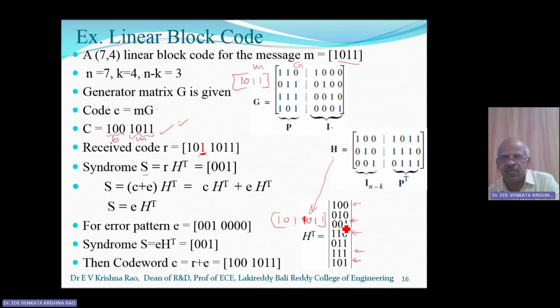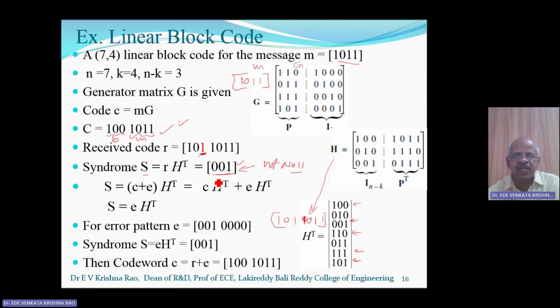Similarly, 0 0 0 1 plus 1 0, that is also 0. And 0 0 plus 1 1 1 plus 0 1 1 plus 1 0 0 plus 1 1. So this is the syndrome, 0 0 1, not null. So there is an error.